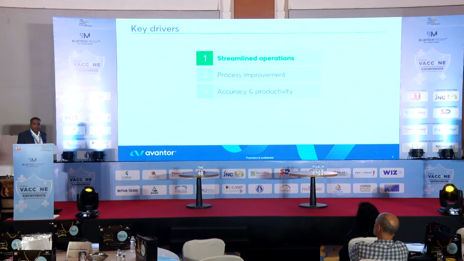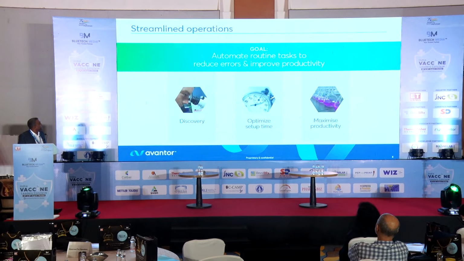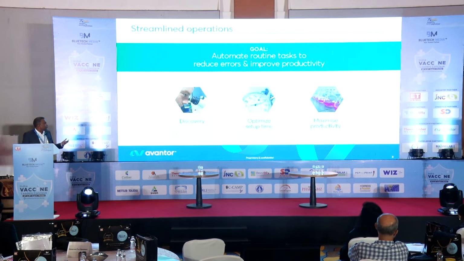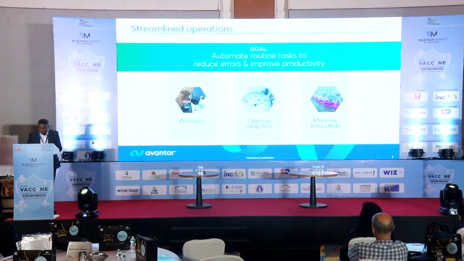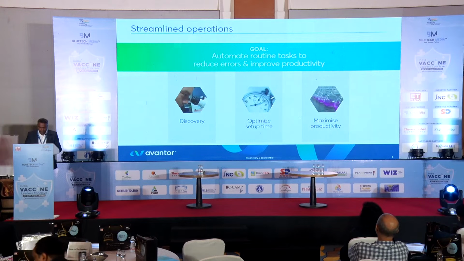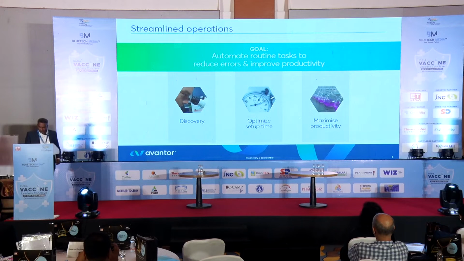First of all, streamlining the operation is the challenge, then process improvement, and third is accuracy and productivity. When we talk about streamlining the operation, our goal is typically to automate all the routine tasks involved in the process, which helps to reduce errors. These are the major factors where we can improve productivity.